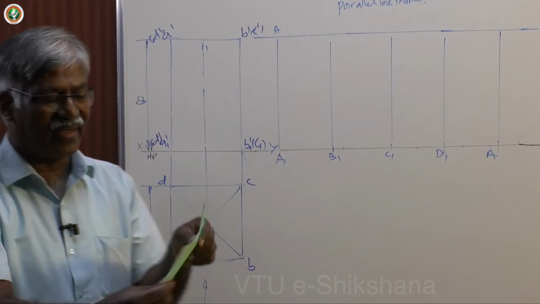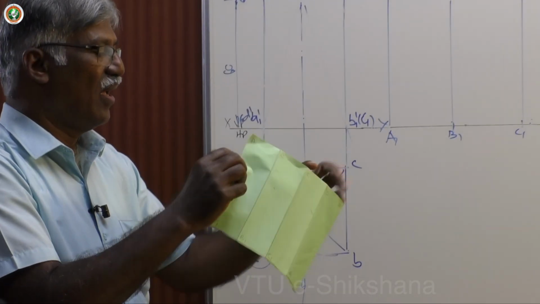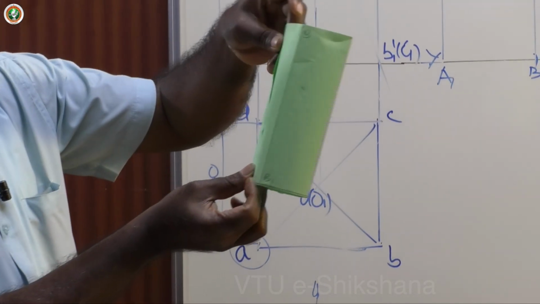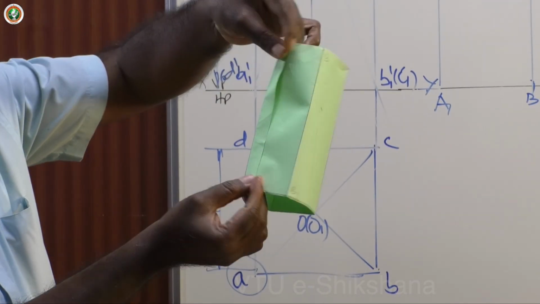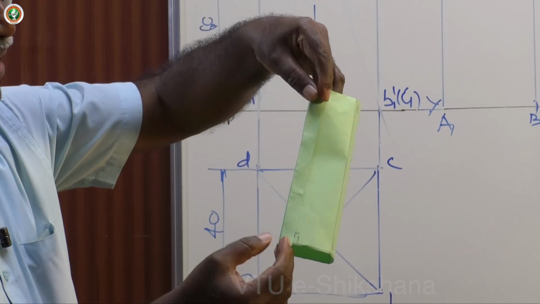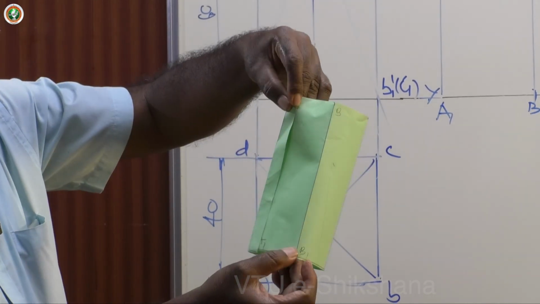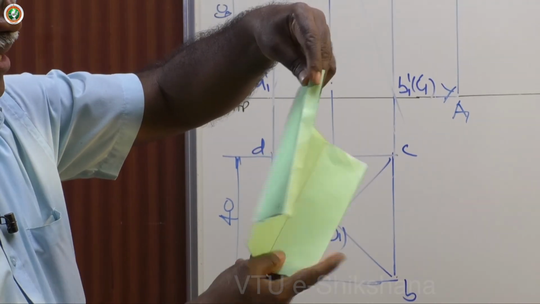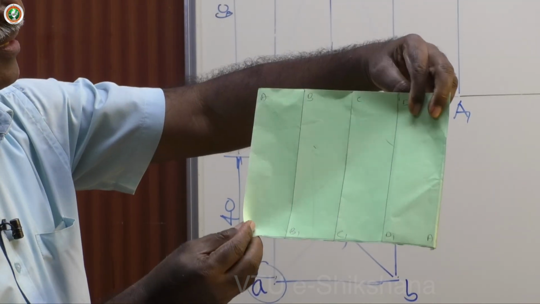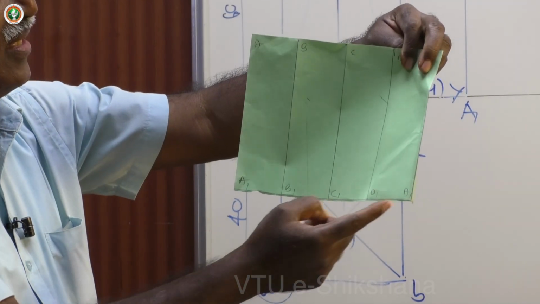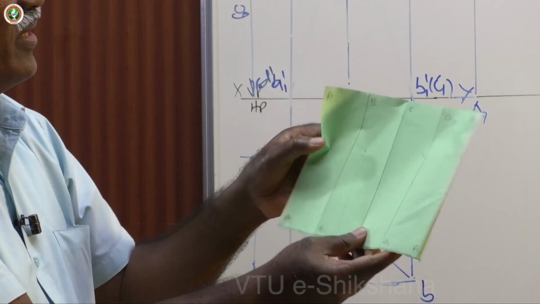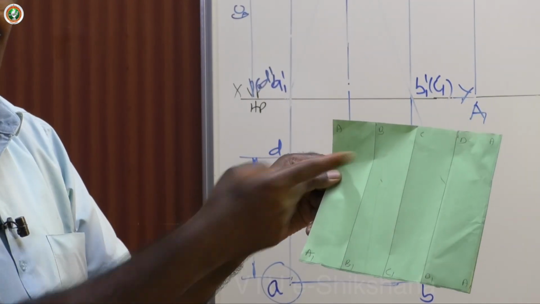Assume that it is already developed, and then I try to join it and get this: A1, B1, C1, D1, A, B, C, D. Now I open this and then stretch. See, A, B, C, D with suffix 1: A1, B1, C1, D1, A1. Again A, B, C, D, A you will get.